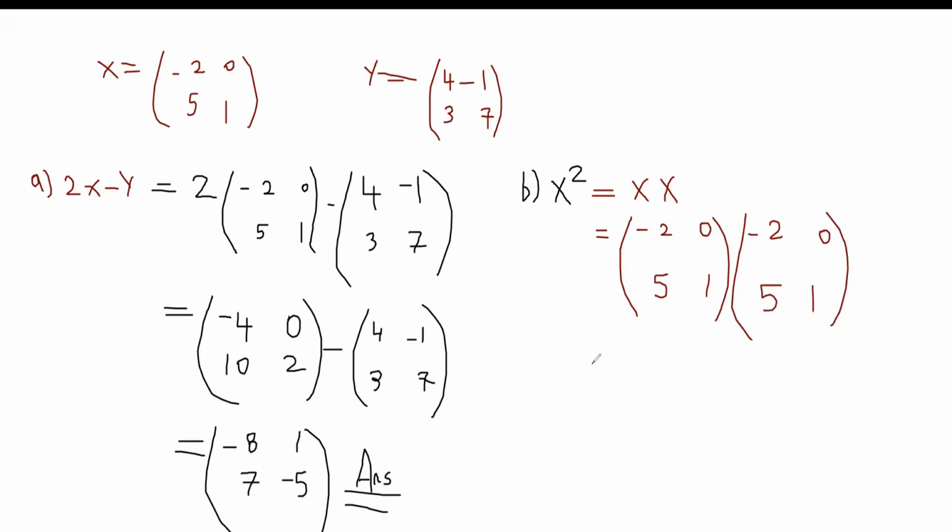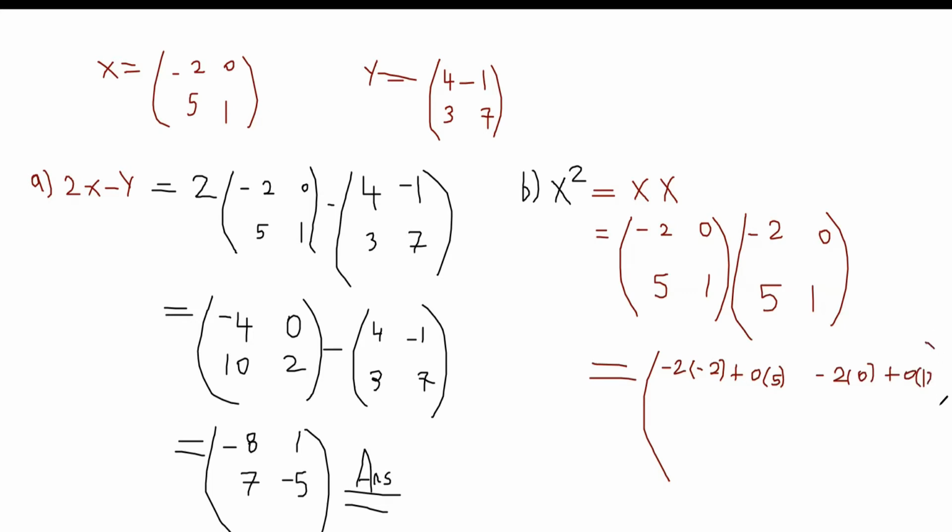When you multiply them across now, it's going to be row by column. So what's going to be is this, minus 2 times minus 2. When I put a bracket, the bracket means multiplied. So it's minus 2 times minus 2, row by this column, then plus 0 times 5. That's going to be the first element in the matrix. Then it's going to be over here, row by column, minus 2 times 0 again, plus 0 times 1. That's what's going to be right there.